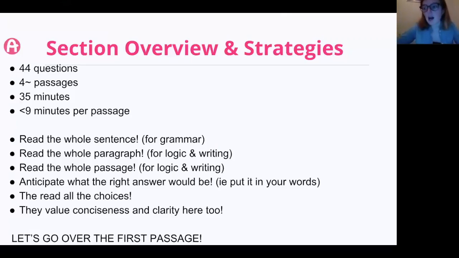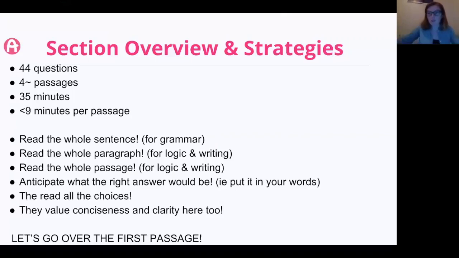Strategy-wise, I think that these are piggybacking on the strategies that I would encourage you to encourage in your students for the reading. So one of the cardinal rules of the last section is read the whole sentence, read the whole freaking sentence, where they have an underlined chunk, or in the reading section where they call back to a specific line.